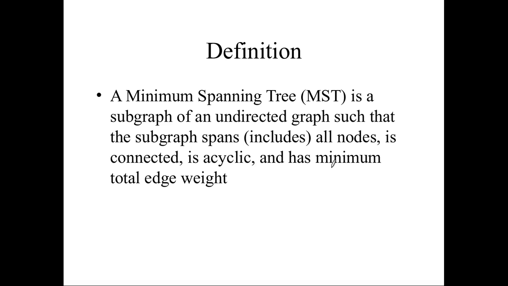So the definition of a minimum spanning tree: you have Prim's or Kruskal's algorithm. To this, if you pass your graph as an input, the output of this algorithm, either Prim's or Kruskal's, will be a minimum spanning tree.